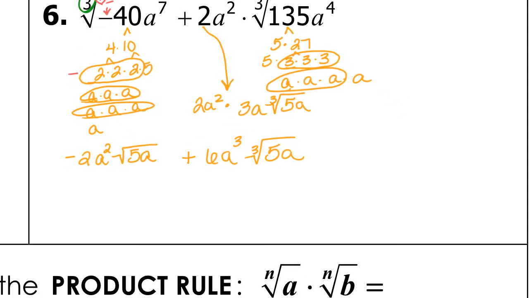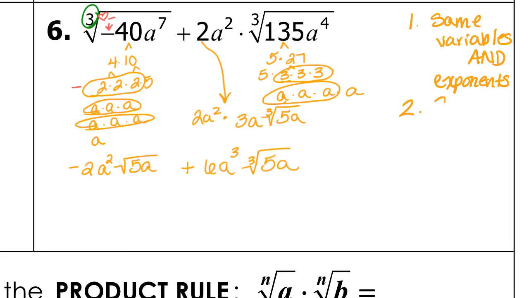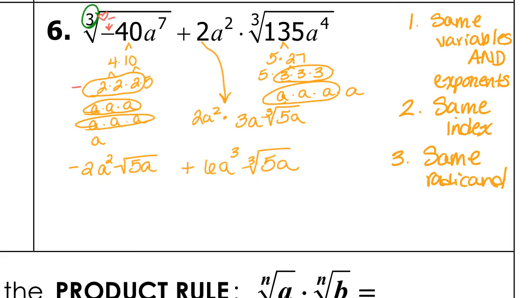Now remember, there are 4 criteria that have to be met when working with variables. 1, do they have the same variables? Do those variables also have the same exponents? Do they have the same index? And do they have the same radicand? So here I can see that my index, I forgot to write it on that first one, but my indexes are both 3.